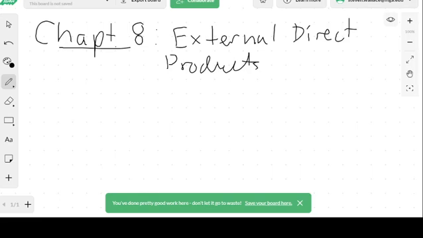this is the motivation for external direct products: thinking about, if we have a group, what are the essential parts of a group, or what are the atoms?